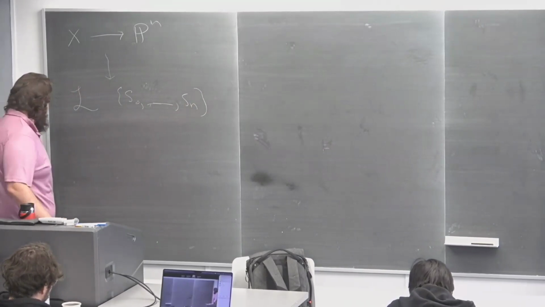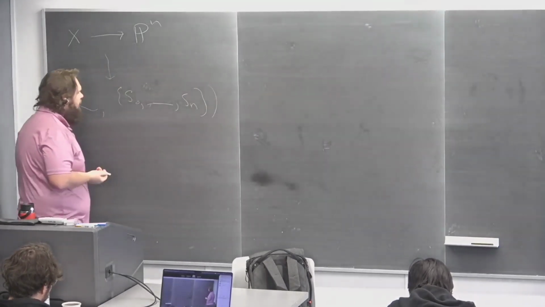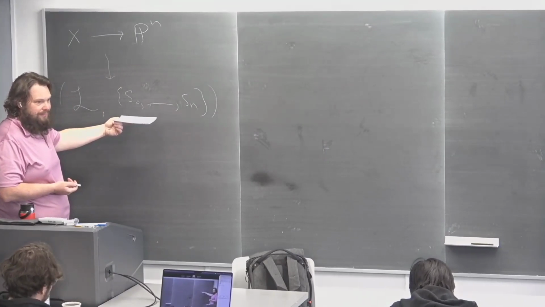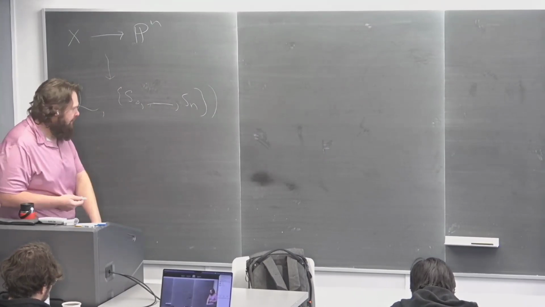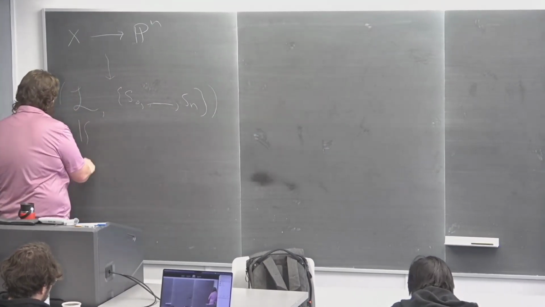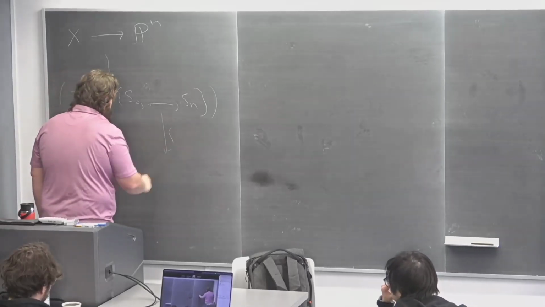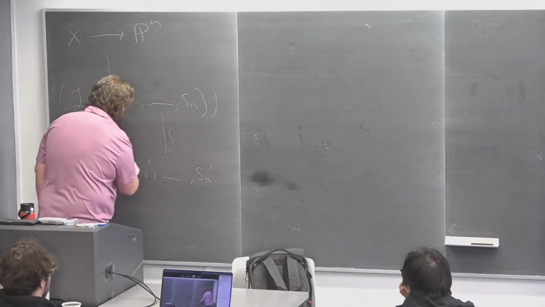And I want to emphasize, I realized I didn't say this in quite the way that Raquel does. He says, oh, it's this data up to isomorphism. But what's an isomorphism of this data? It's an isomorphism of L to another line bundle, L prime, that sends these guys to your other sections.